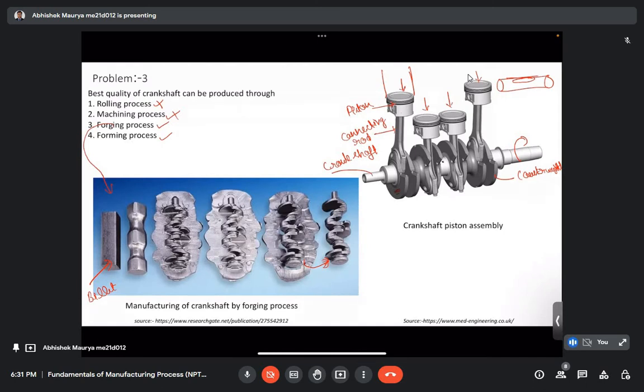And this kind of forging we can do with the help of dies. Basically, we have several sets of dies, and in the first step we have a die and we put the billet there, and we apply the compressive force.